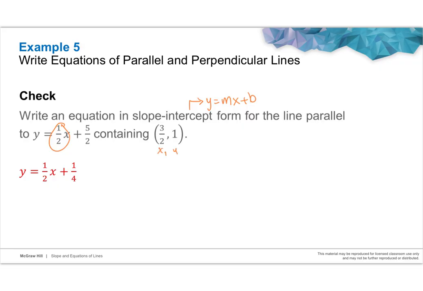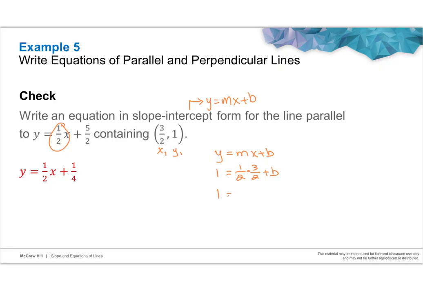If we have both values for the point, we can think of that as x1, y1 for our point slope, or we can go right straight to slope-intercept form and substitute in x of 3/2 next to our slope of 1/2 and our y value of 1.